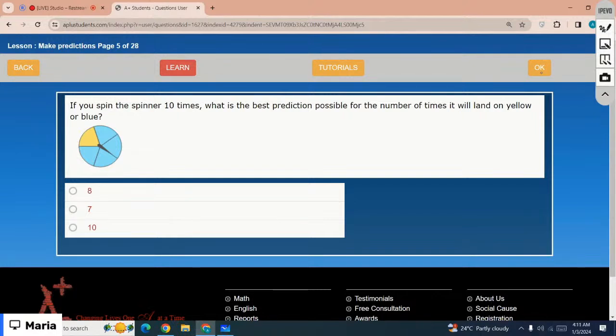If you spin the spinner 10 times, what is the best prediction possible for the number of times it will land on yellow or blue?